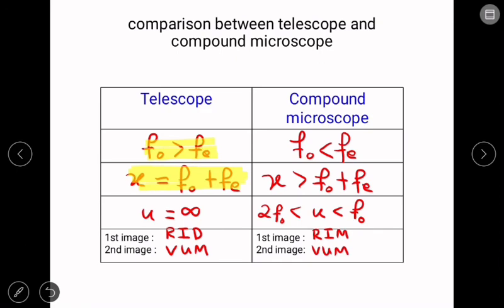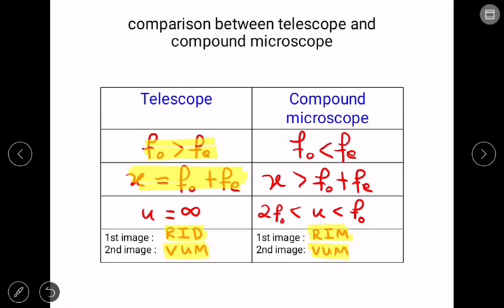For a telescope, the first image is real, inverted, and diminished, but for a compound microscope, it is real, inverted, and magnified. But the final image for both telescope and compound microscope is virtual, upright, and magnified.